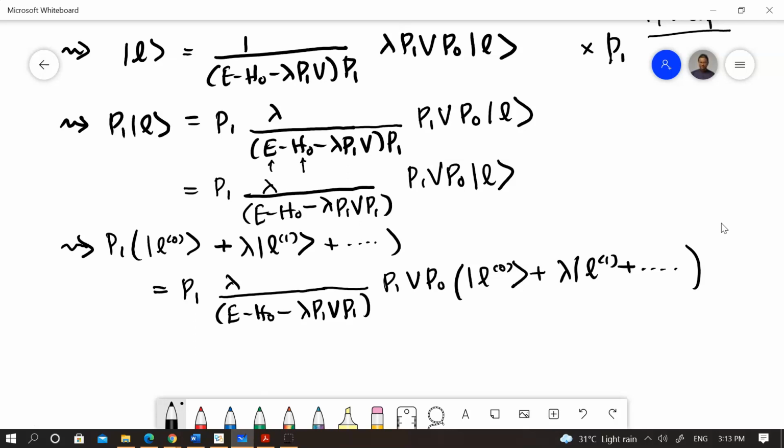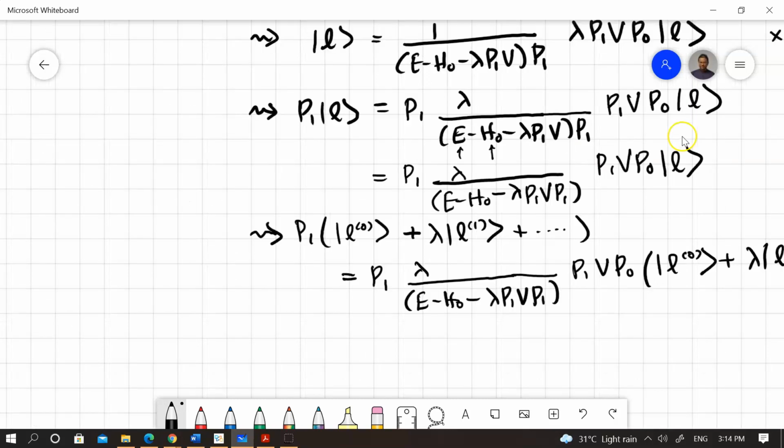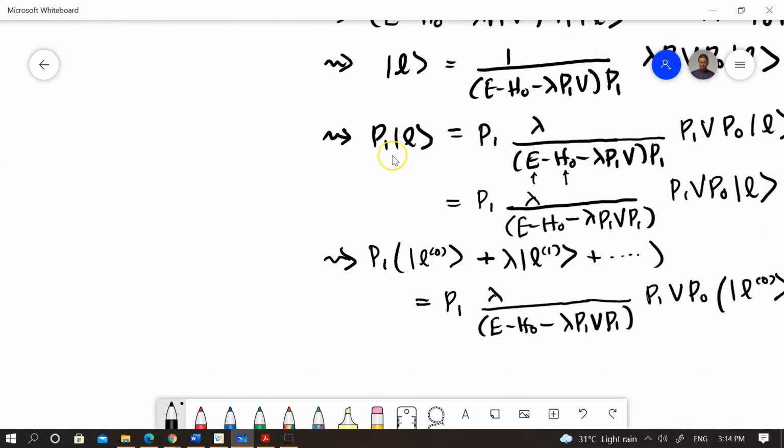And now we start to take the linear term in lambda.